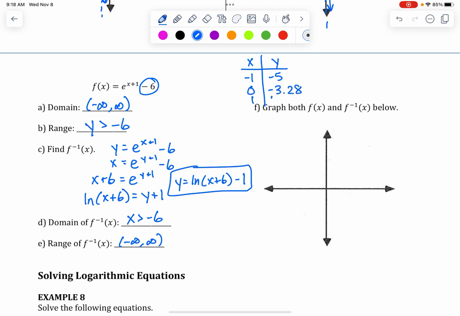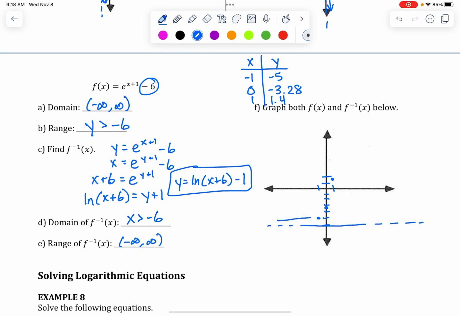And 1 is 1.4. Again, I get all these from my calculator. I'm not going to show you how to do that on here because I think you get the idea. So -1, -5, 0, somewhere -3.28. And then at 1, it's 1.4. And so you have a general idea here. So our asymptote is at -6.